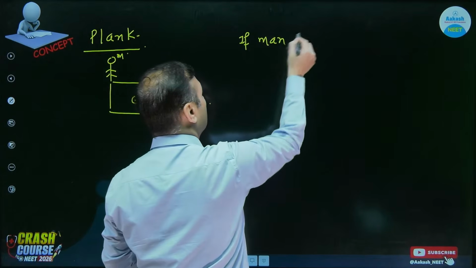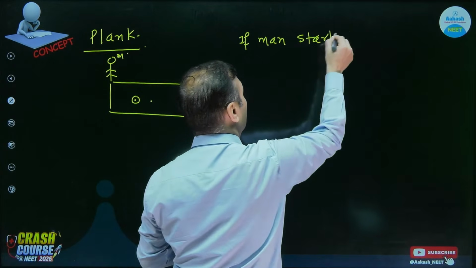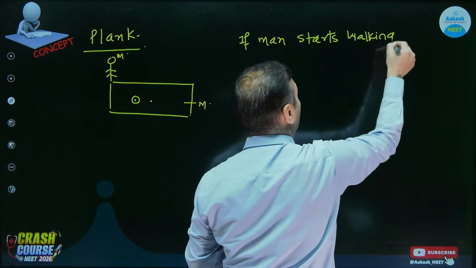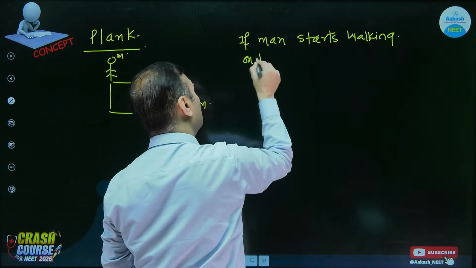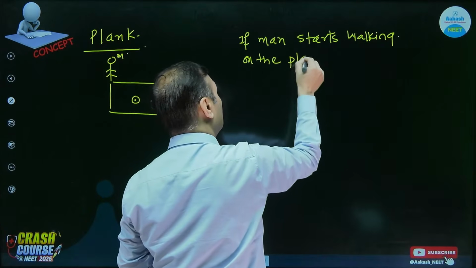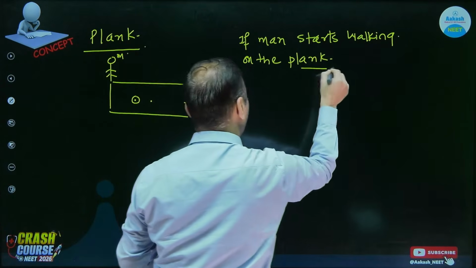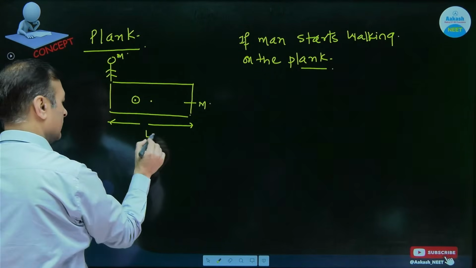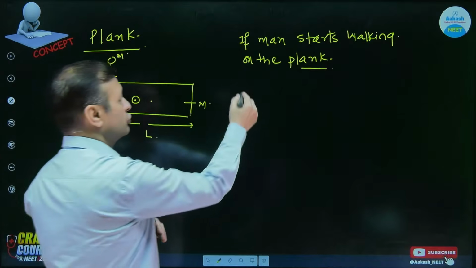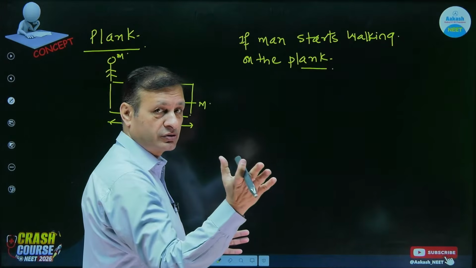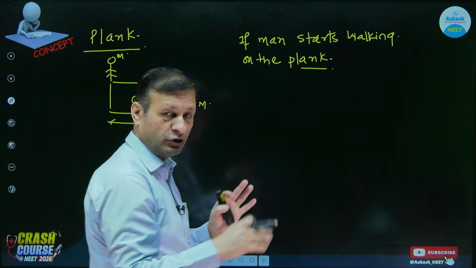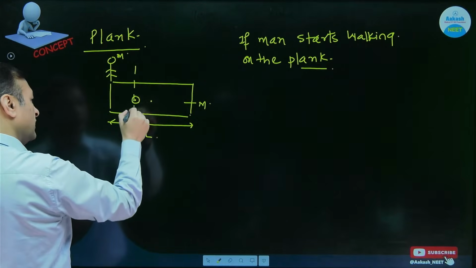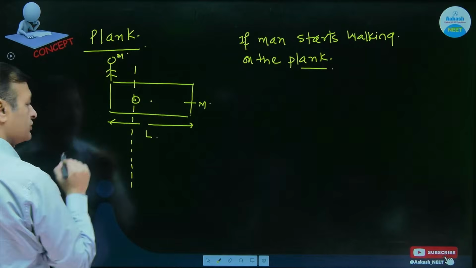Now if the man starts walking on the plank, and let's suppose this length is L. There is no external force, so linear momentum has to be conserved. So the position of the center of mass will remain the same.